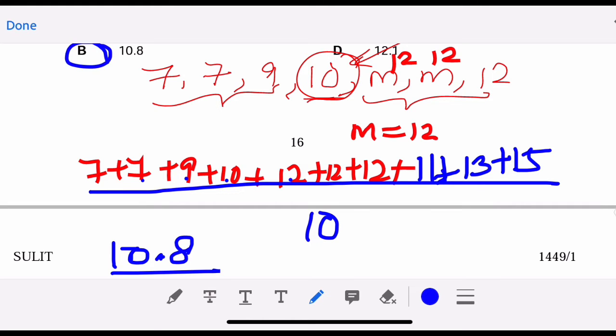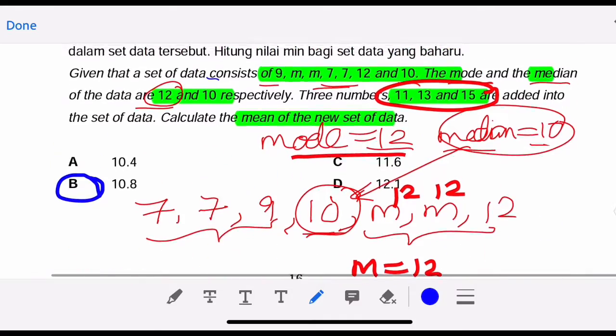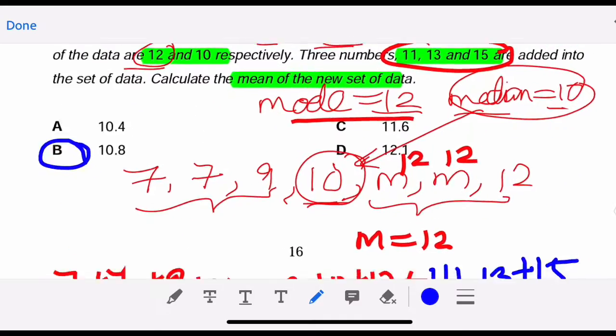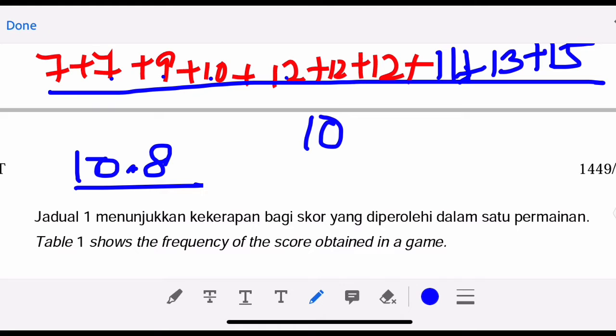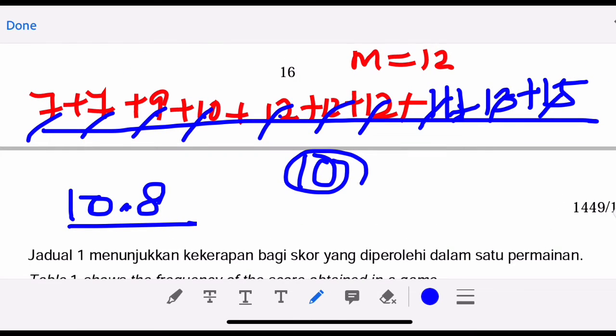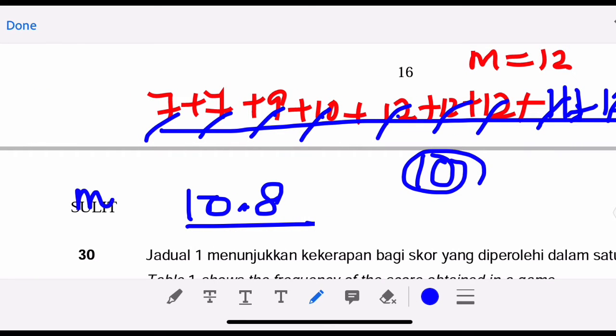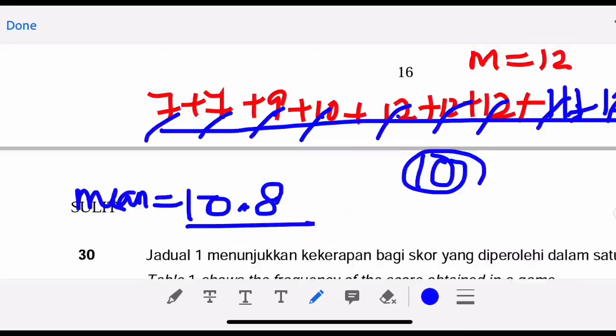So that is the answer for 29. So you need to understand the question, figure out the M. After that, you add everything, you divide by total number of data, which is 10. Sum up all the data, then divide by 10, you will get the mean is 10.8. Mean is just an average.